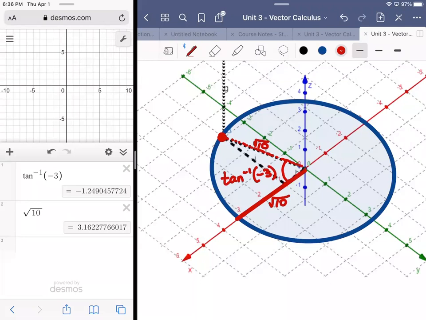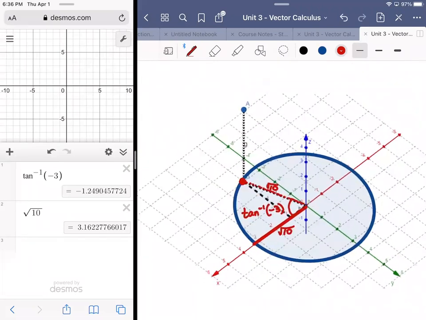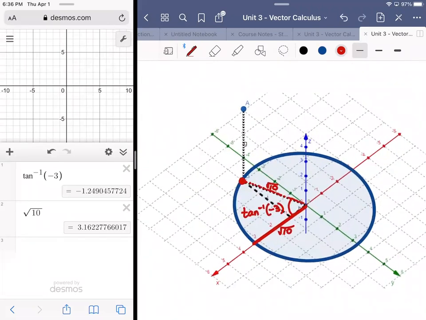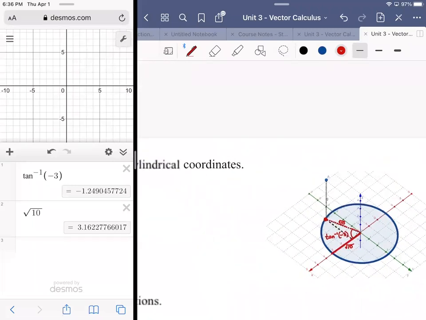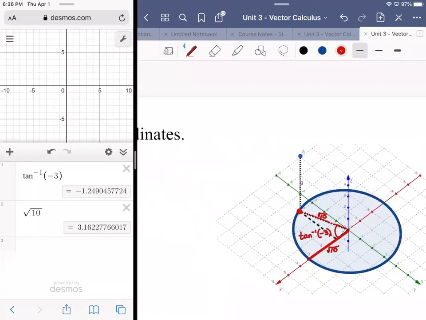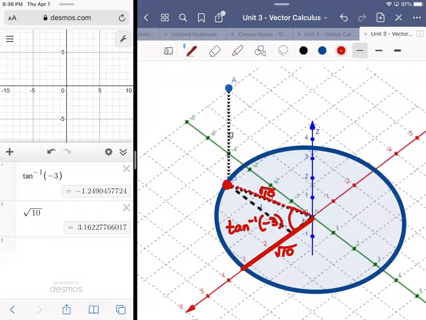All right. So what I did here is I plotted on GeoGebra the original point, which went 1 unit in the x direction, 3 units in the negative y direction, and then 5 units up in the z direction.